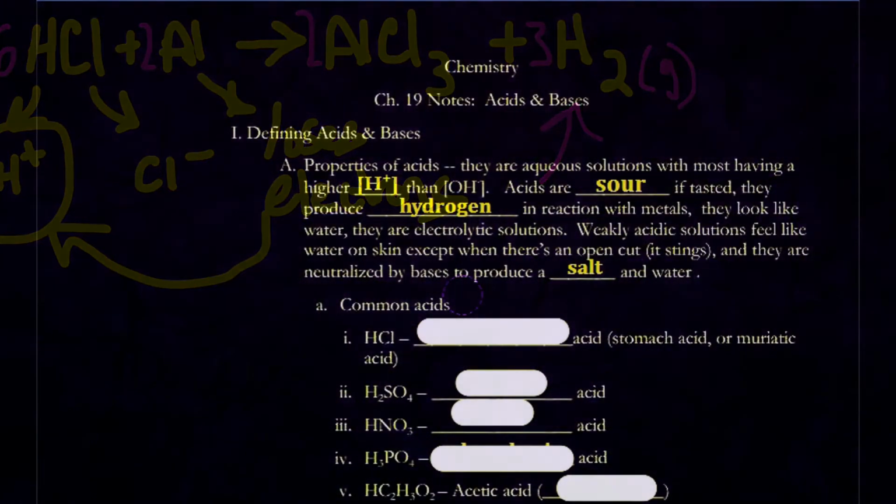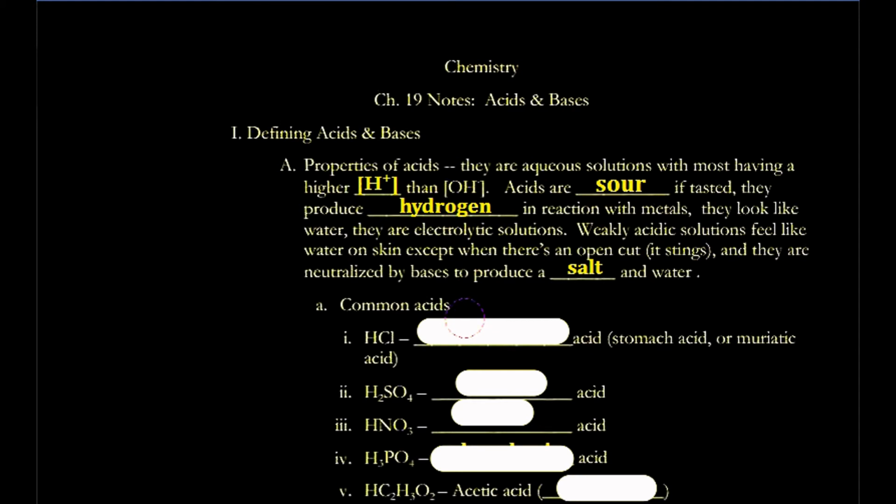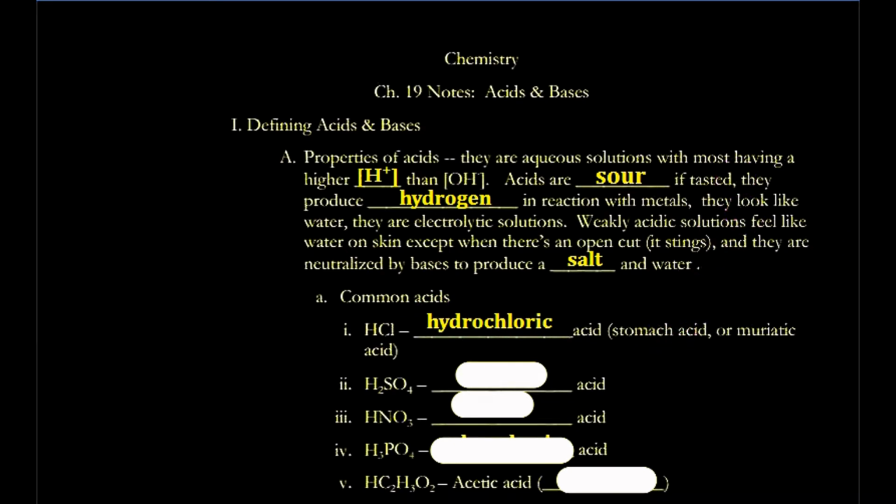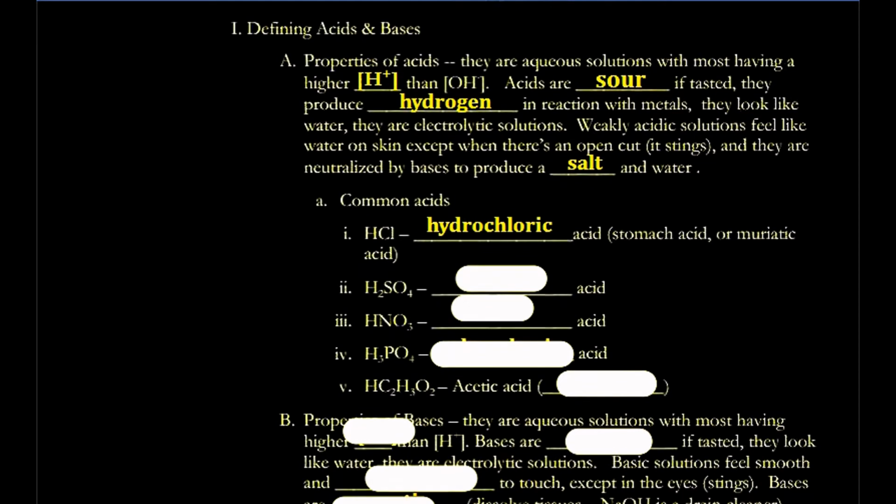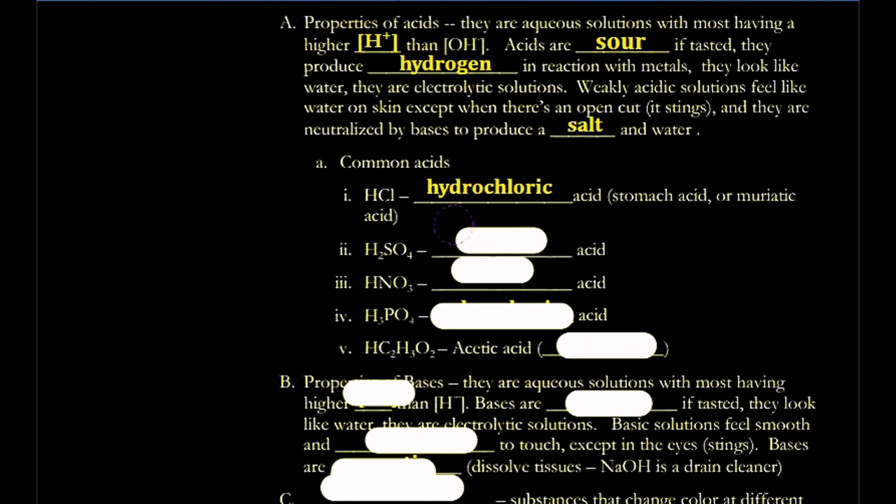Some common acids that we come across: there's HCl, which is hydrochloric acid, and that is what your stomach produces, or it's also the muriatic acid that you put in your swimming pool. We also have sulfuric acid, which is excellent for dissolving bone. Nitric acid also causes severe burns if you get it on you.